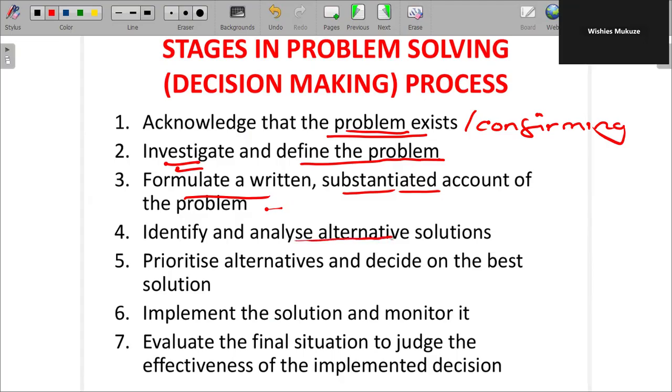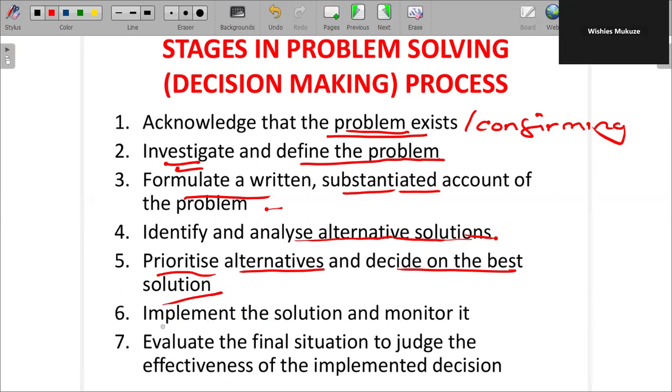Now you are looking for solutions to solve the problem. Once you have done that, what are you going to do? You prioritize alternatives, you prioritize analysis and decide on the best solution.